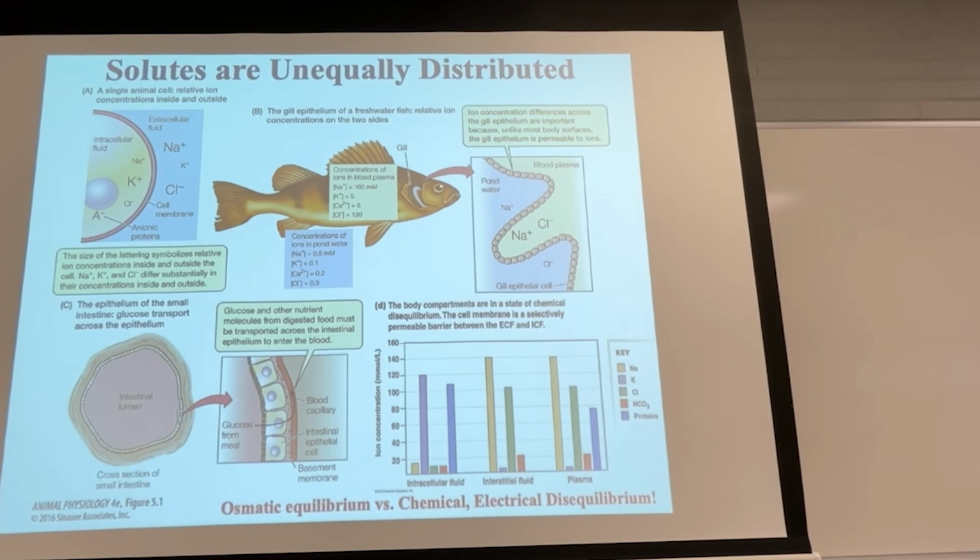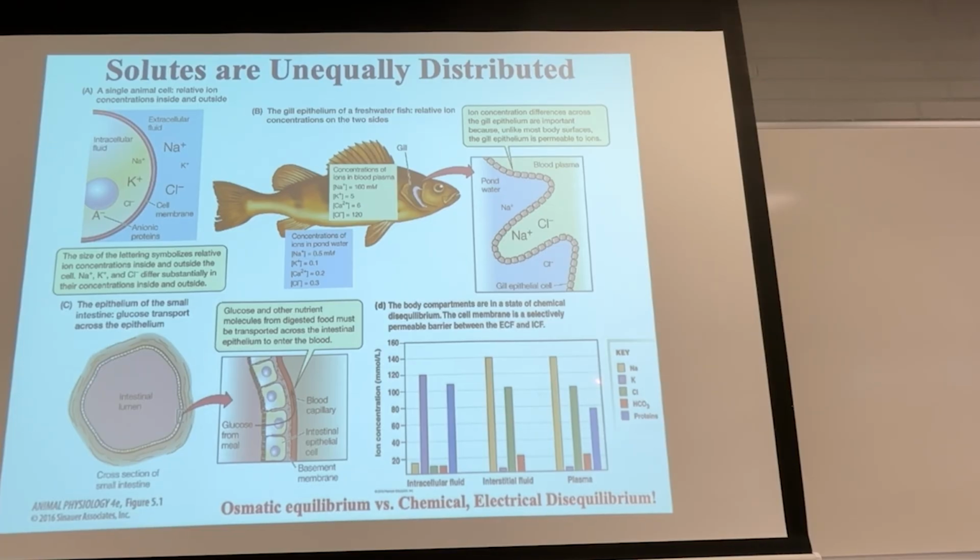And so they have to have evolved a number of mechanisms that allow them to maintain their salt concentration and deal with that water intake. And that's what we're going to do next as we move into doing some physiology of some organ systems. We're going to do kidneys and gills and watch how they work.